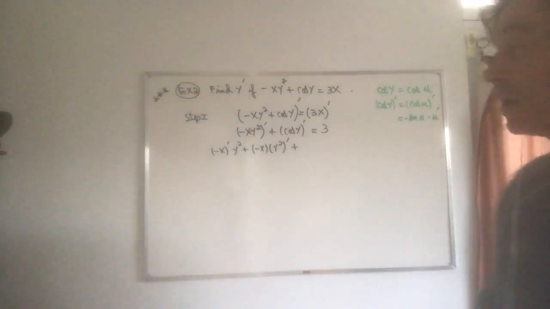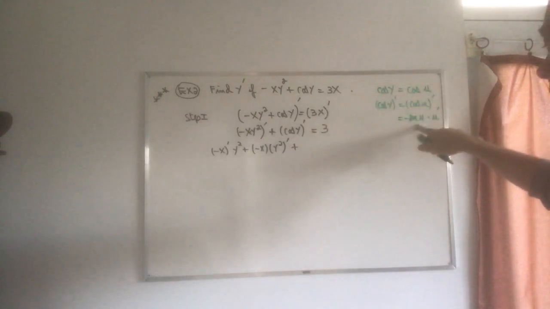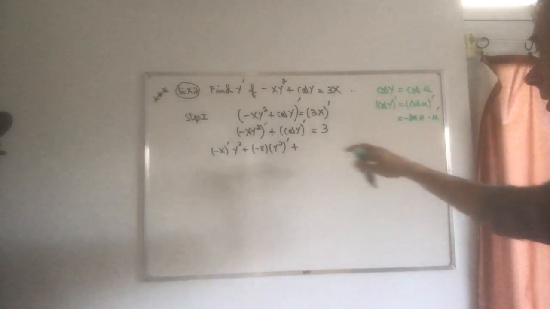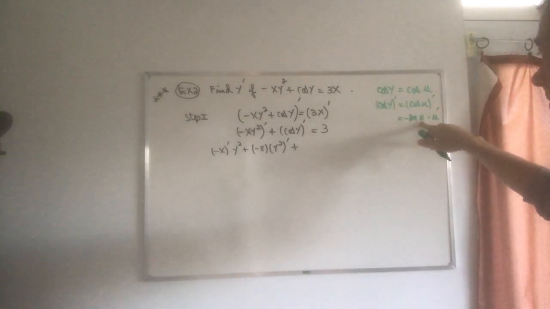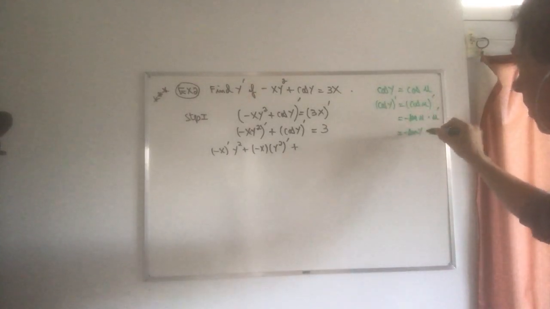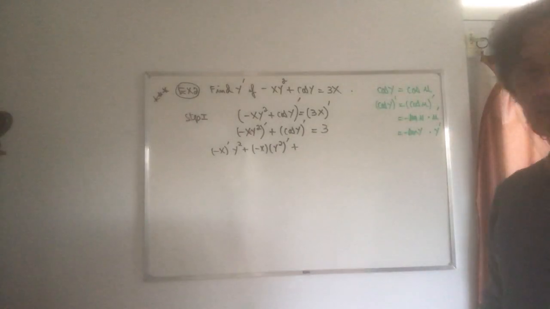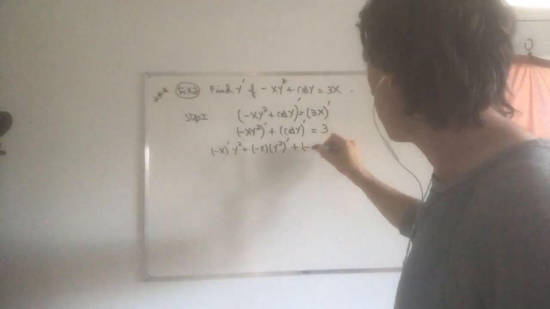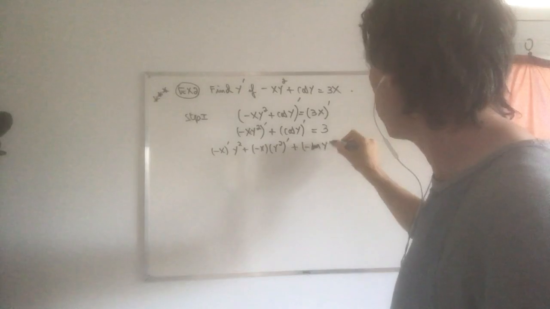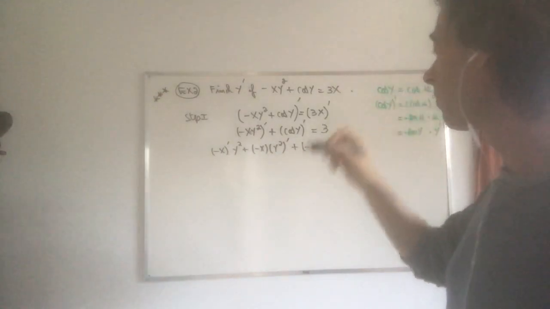Aha. So since we have established that y is like u, then this derivative is like minus sine of y times y prime. It's exactly like a u. So plus minus sine of y times y prime.